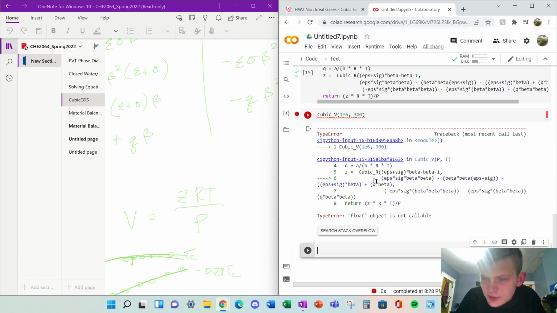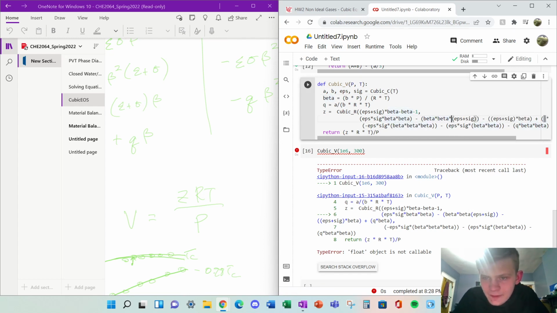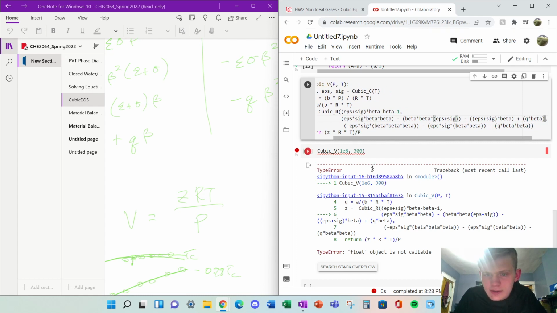I probably had a misplaced. Oh, I see what I did wrong. I had to have a beta value get multiplied, so hold on. I'm just going to go back and check so I don't have another one of these mistakes before it starts yelling at me again. So it looks like everything should be fine.